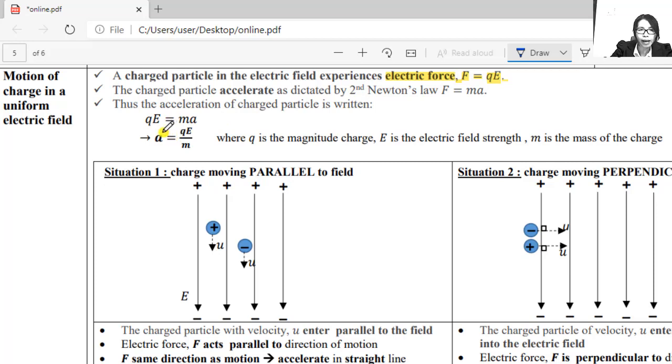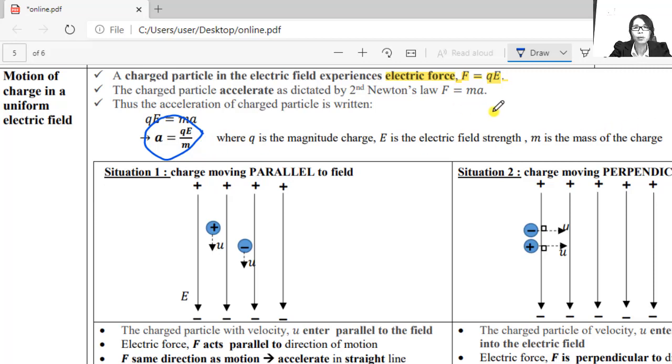So I can get the magnitude of the acceleration for a charged particle in an electric field, which is equal to QE over m. This is the equation we use to calculate the magnitude of the acceleration for a charged particle in an electric field. Q refers to the magnitude of charge, E refers to the electric field strength, and m refers to the mass of the charge.